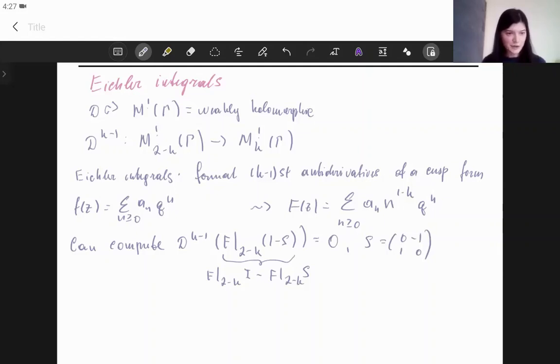Well, that means that that function isn't really that sophisticated. It's really a polynomial. In particular, this function is a polynomial of degree at most k-2.